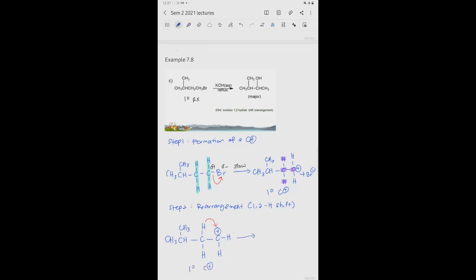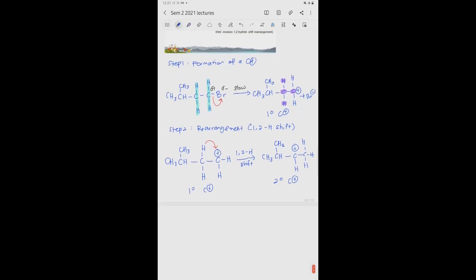So after the 1,2 hydride shift rearrangement, we will get the most stable carbocation, which is a secondary carbocation. Now the secondary carbocation is formed, which is more stable than a primary carbocation. So that's why we have to do this rearrangement to form the major product.